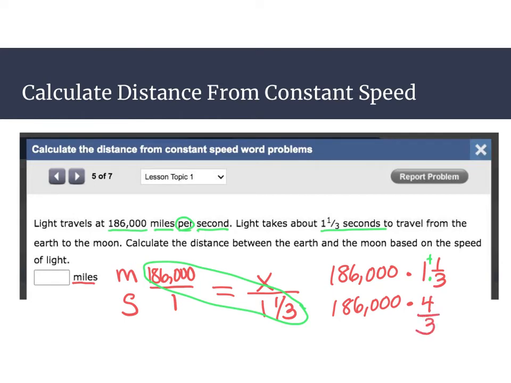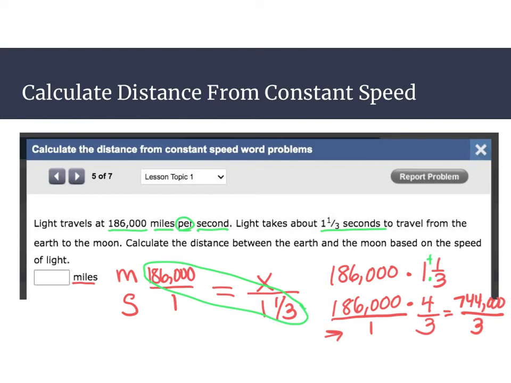Now, we look at this and we go, oh, well, what do I do? Well, 186,000, remember, every whole number has a 1 underneath. We put a 1 over there, and we multiply our numerator straight across. When we multiply 186,000 times 4, we actually get 744,000. And then we multiply 1 times 3, our denominator straight across, and we get 3.